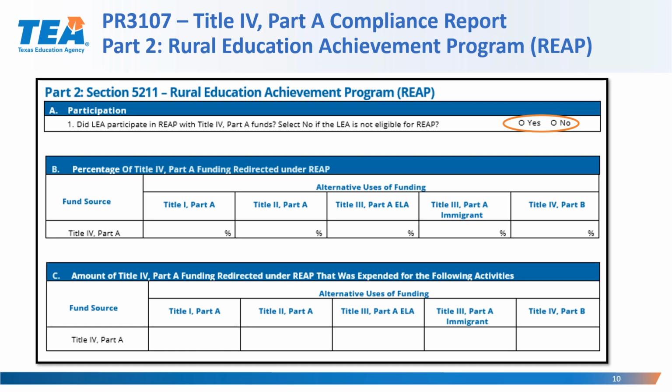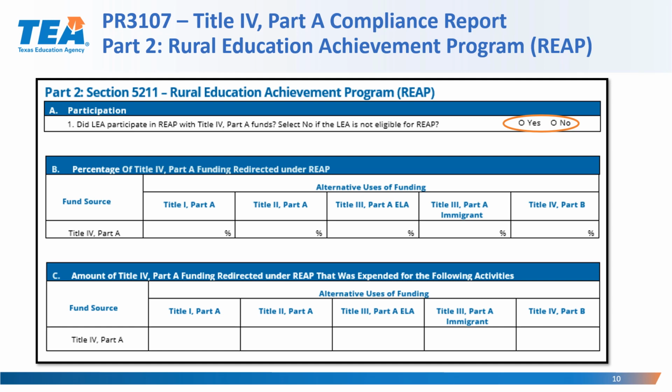In 2B, type the percentage of Title IV-A funding redirected under REAP per applicable program. In Part 2C, if the LEA redirected funds out of Title IV Part A under REAP, type the dollar amount of funds redirected into each applicable fund source identified in the respective columns.